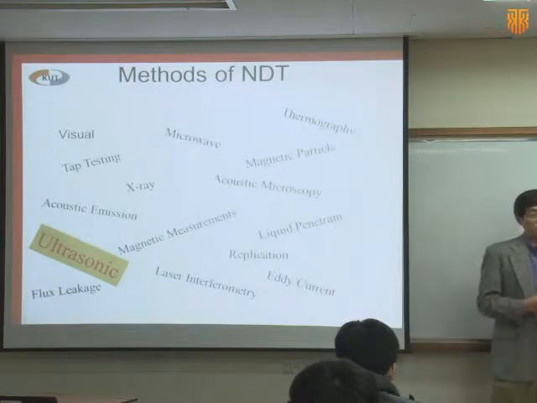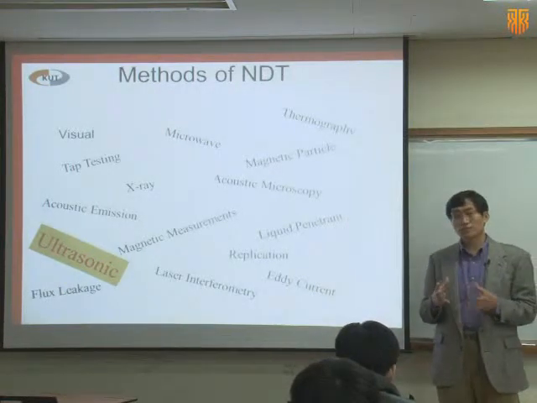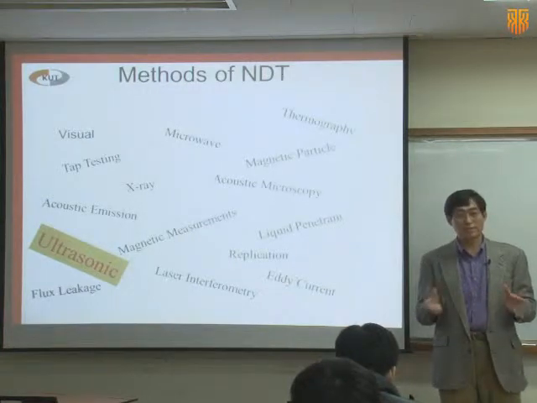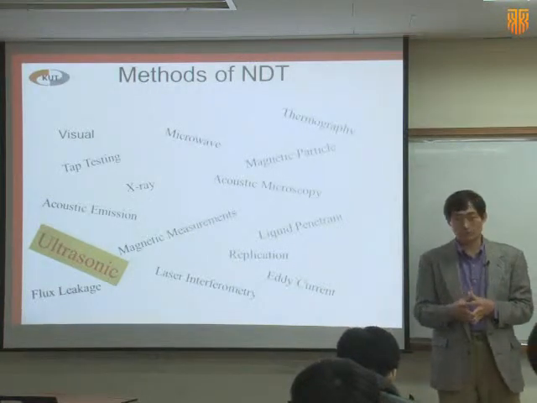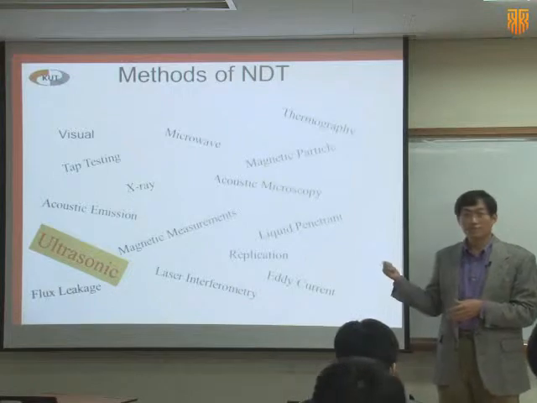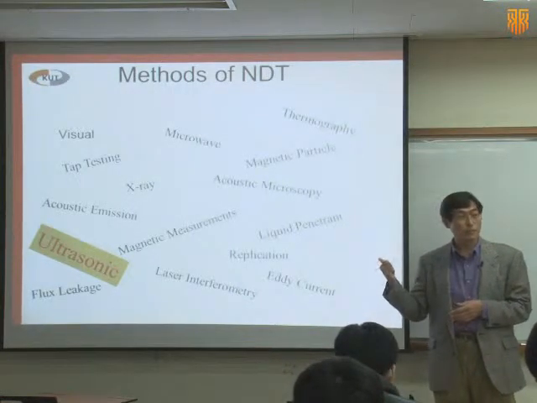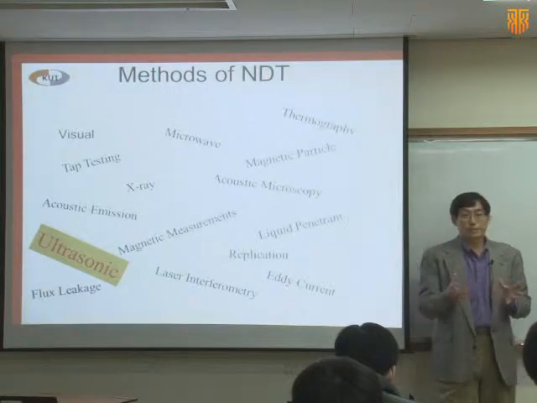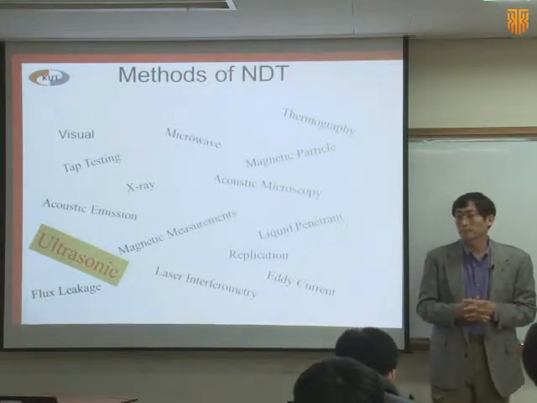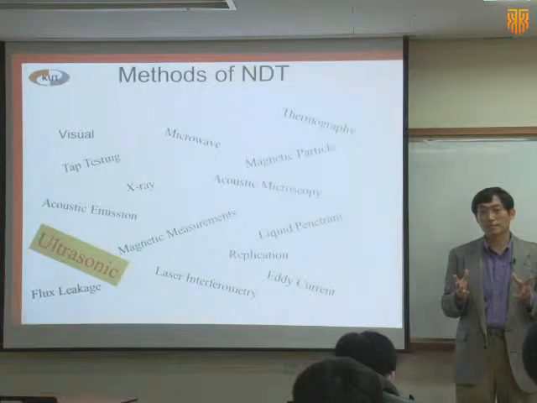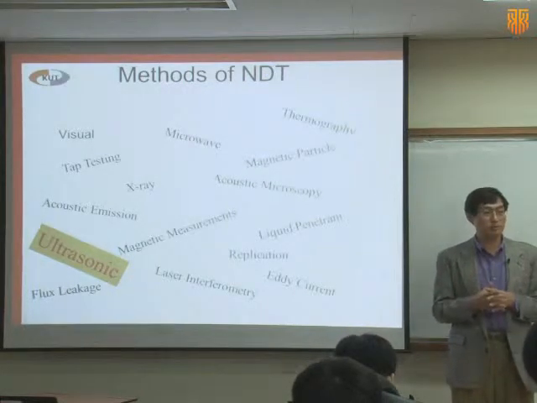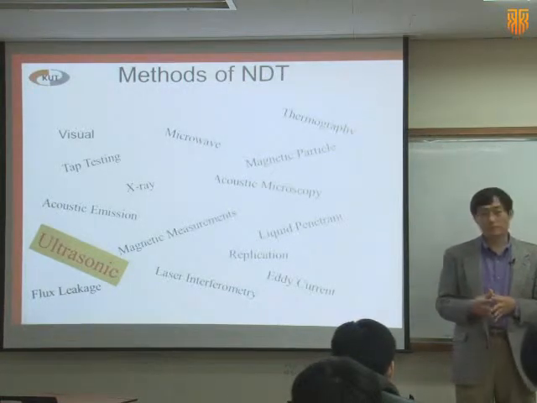Visual inspection is the NDT method that is still widely used in industry because it is fast and the cheapest way to inspect what defects or what kind of wrong thing is going on in the material.